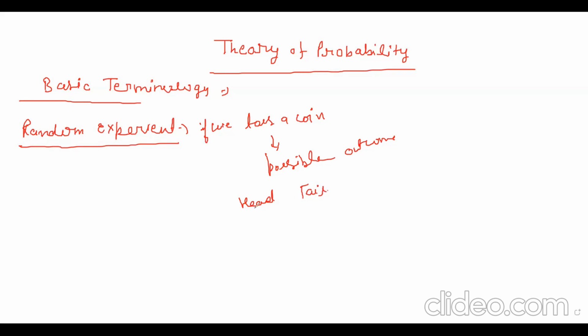It means when we toss a coin, the outcome is not unique. It is not always possible that head comes, or that tail comes. It may be head or it may be tail.